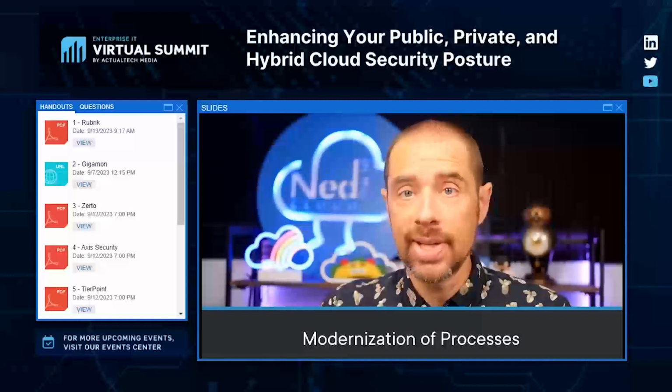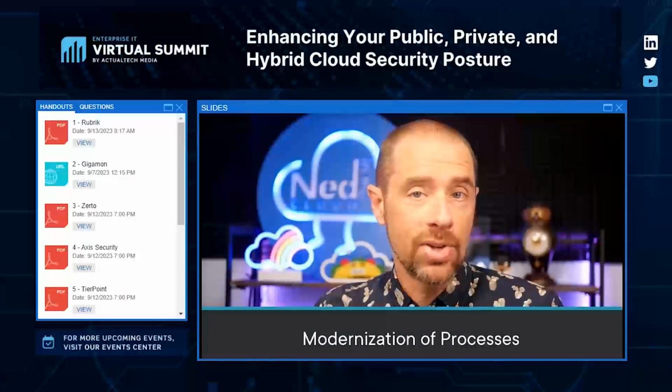Along with adopting cloud services and technologies, organizations are increasingly changing their processes to be more agile and dynamic with a focus on automation. This is a natural evolution of the DevOps movement, and it's a good thing. But it also means that security needs to be integrated into the process, and that's not always easy.